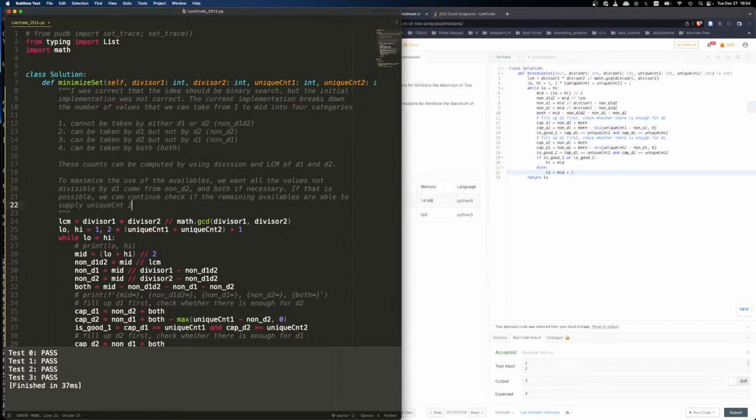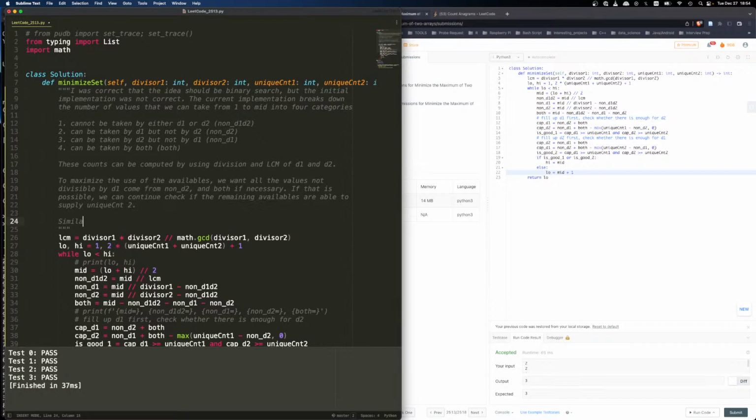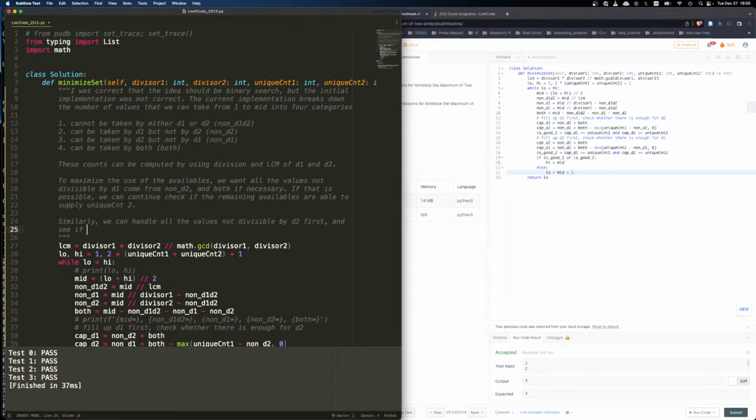unique count 2. Similarly, we can handle all the values not divisible by D2 first and see if the remaining availables are able to supply unique count 1. So these are the two things.